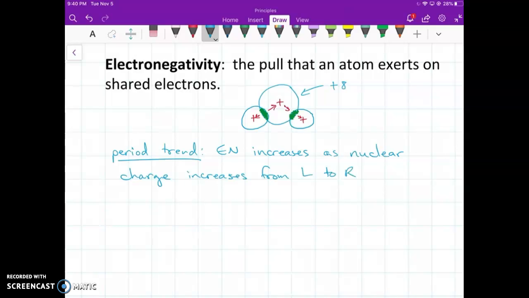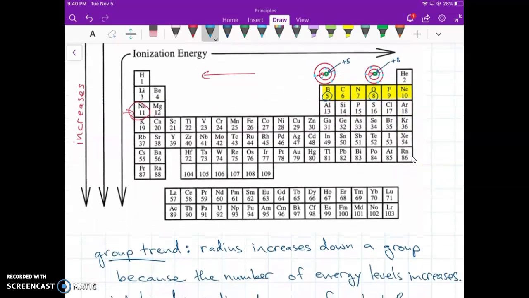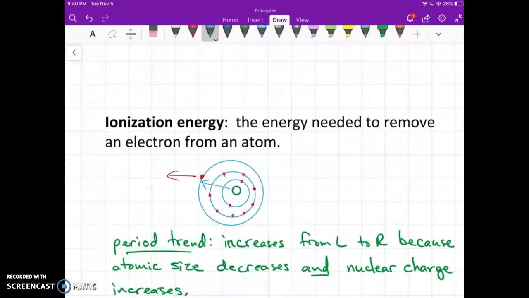So our greatest electronegativities are going to be found on the right-hand side. Things like oxygen and fluorine, if I go back up to my periodic table, are going to have really high electronegativities. By the way, electronegativities don't exist for the noble gases because noble gases don't even share electrons. But fluorine would have our greatest electronegativity because it has a really positive nucleus, and it's also really small.